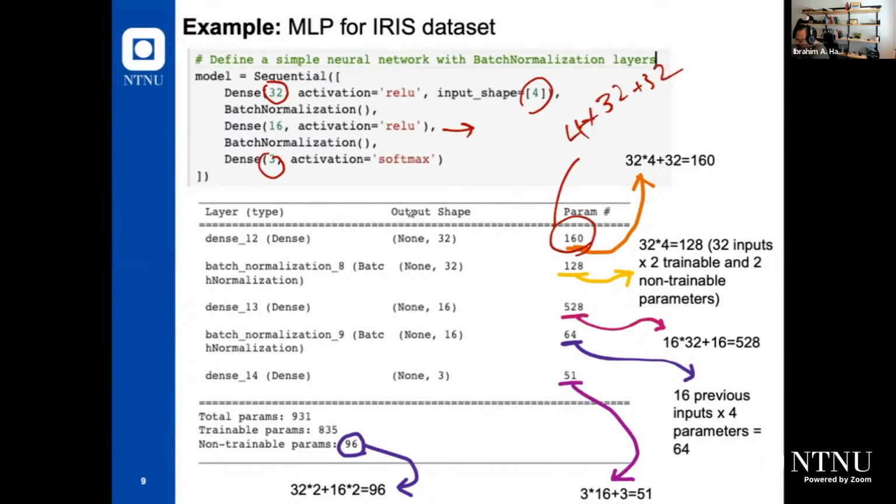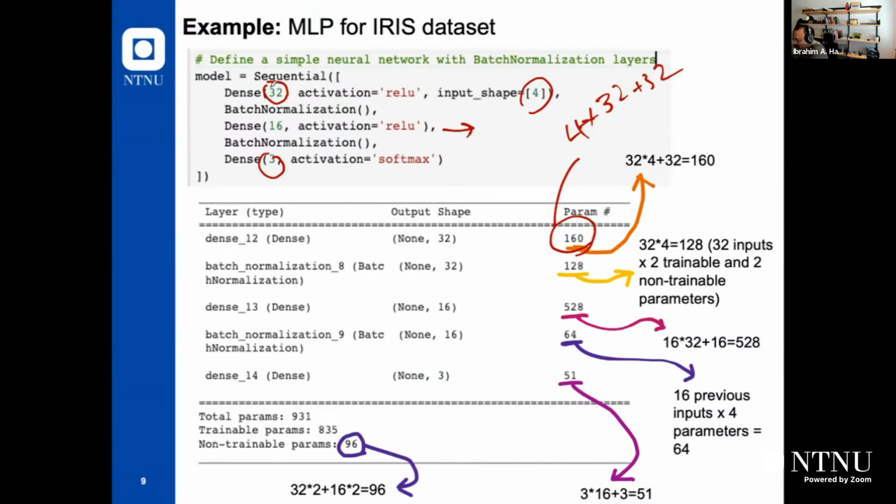For the batch normalization, I need to know how many parameters there are. We do batch normalization for each input feature. I have 4 input features, but how many inputs are coming from this dense layer? It's 32. The input features are 4, but the number of outputs from this dense layer will be 32.